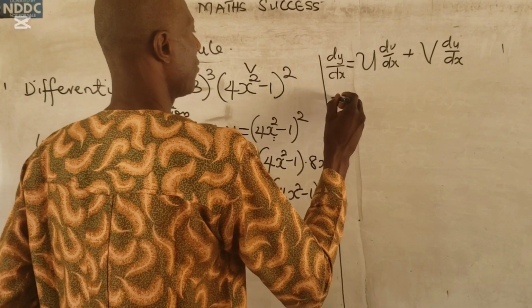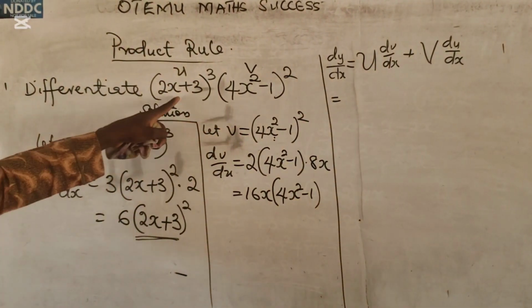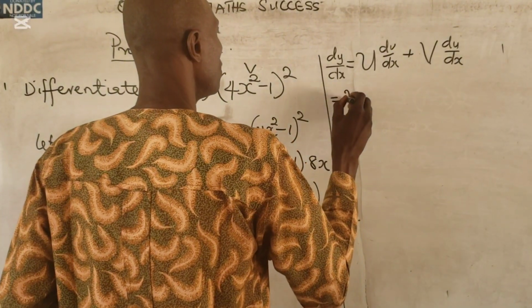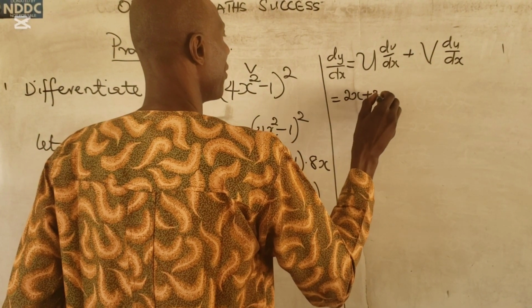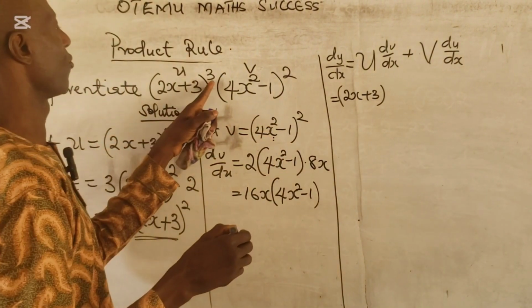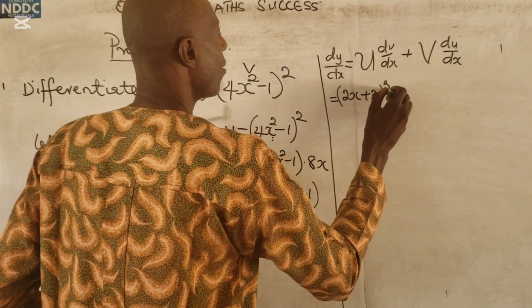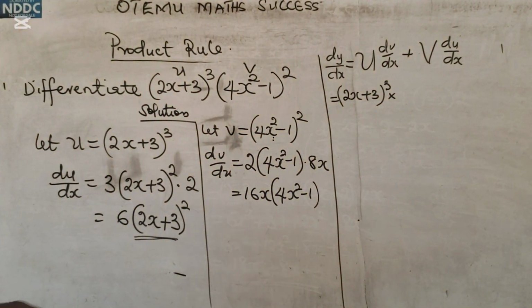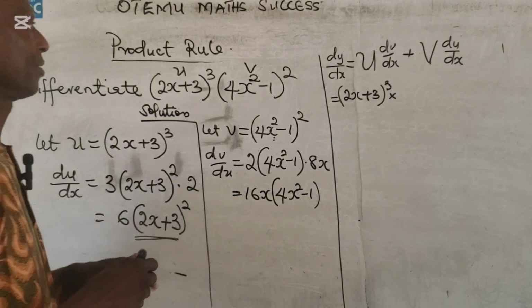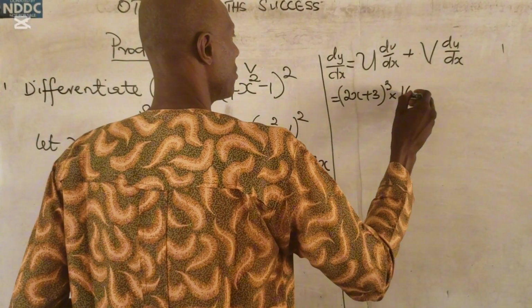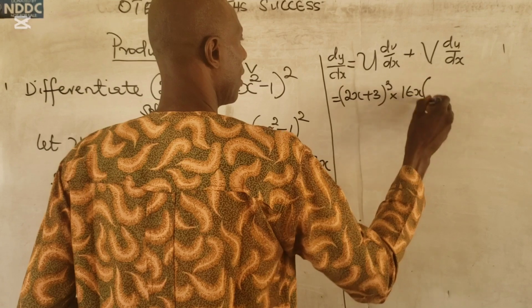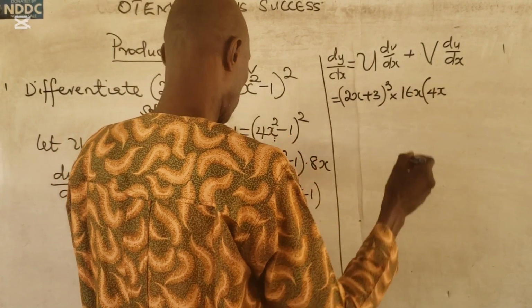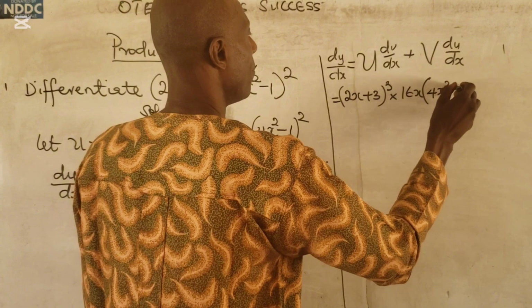Okay, let us get, what is our u? Our u is (2x + 3)^3 times, what is now dv/dx, times 16x into (4x^2 - 1).